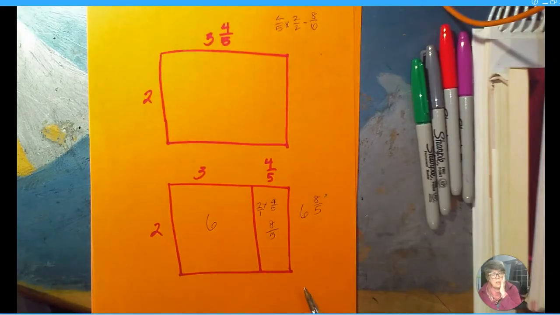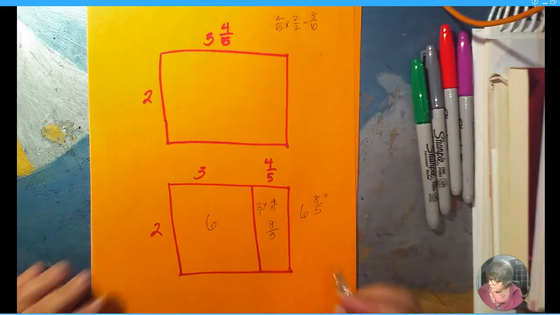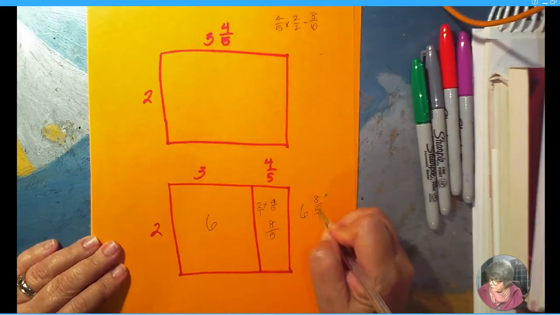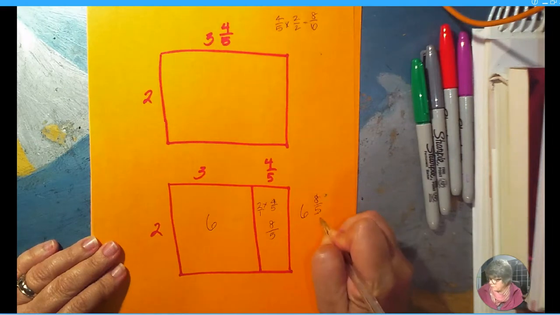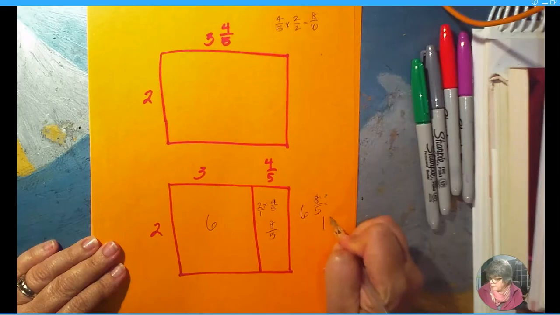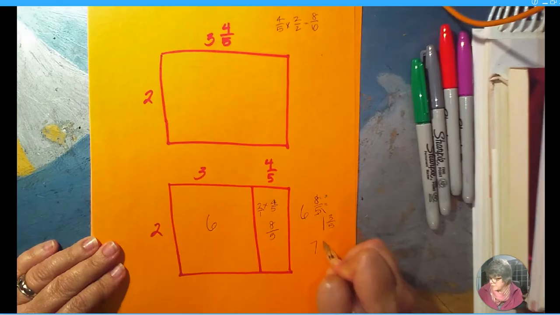Eureka Math likes to call it a fraction larger than 1. I like to call it an improper fraction because the top is too large. So we have to solve that. Remember, think about how many times 5 fits into 8. 1 time with 3 left over, so that's 1 3/5 plus 6, so that's 7 3/5, right?